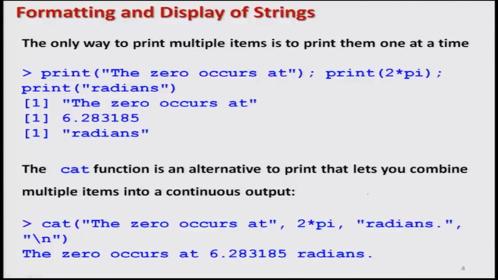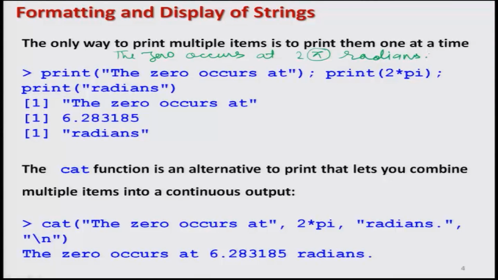So, let us first take the same example where we concluded our last lecture. If you remember, we wanted to print that 0 occurs at 2 pi, whatever is the value of pi, that should come, radians, and we were unable to do it.